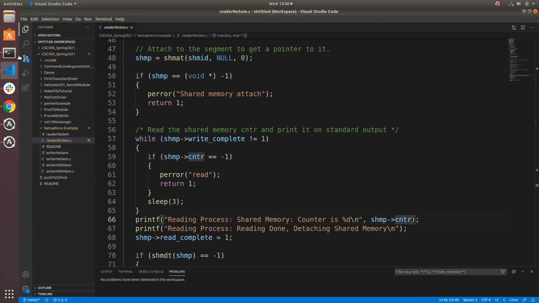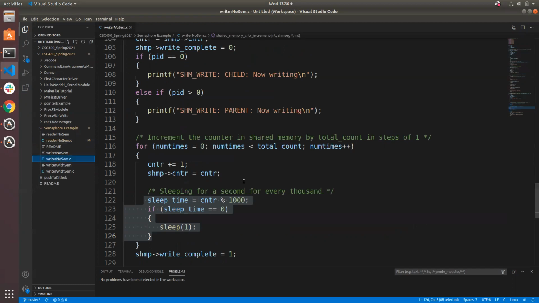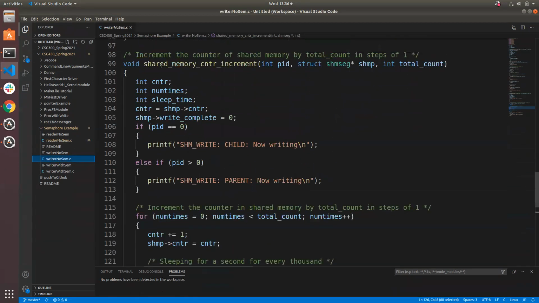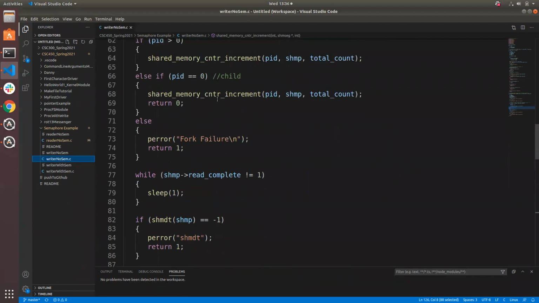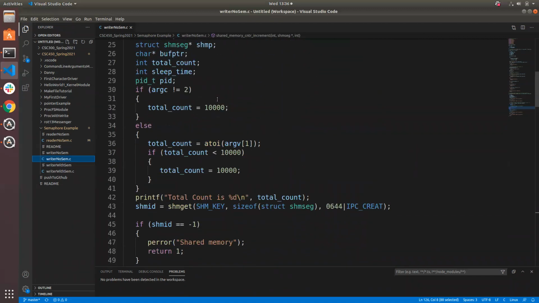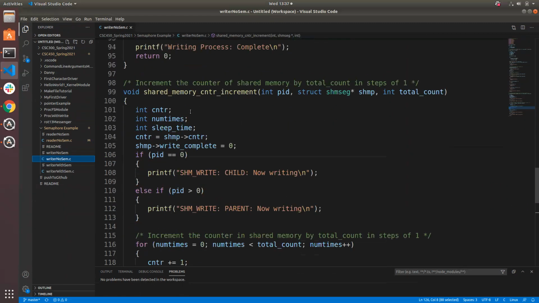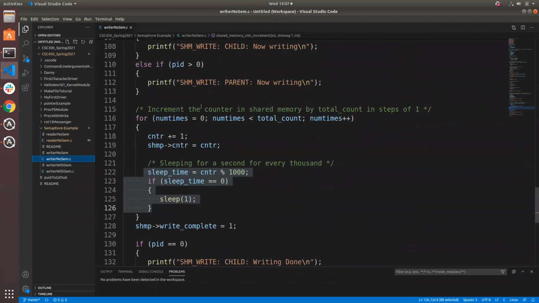Isn't that our starting point value over on writer? Total count is 10,000, not 20,000, right? Yeah, default is 10,000. So we're doing this 10,000 times.